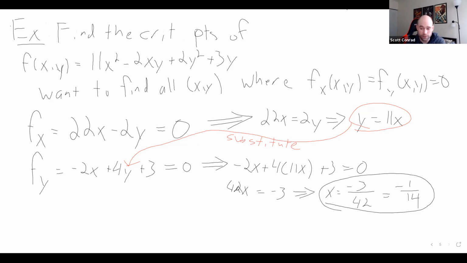Okay, so we know the x value, and there's only one x value that works at the critical point. And we know at the critical point, y has to be equal to 11 times x, so we use that relationship. So y is equal to 11 times negative 1 over 14, which is negative 11 over 14.